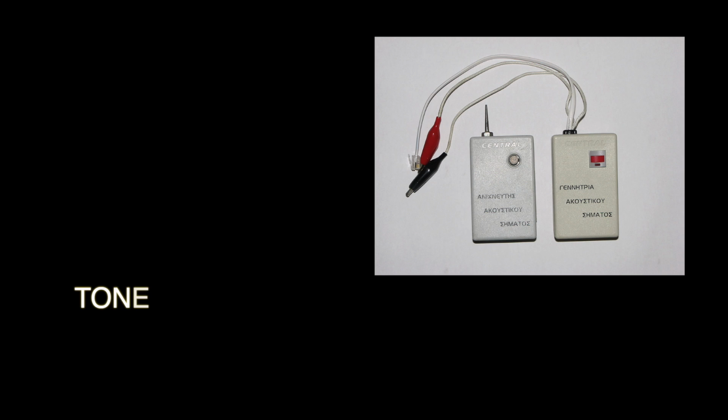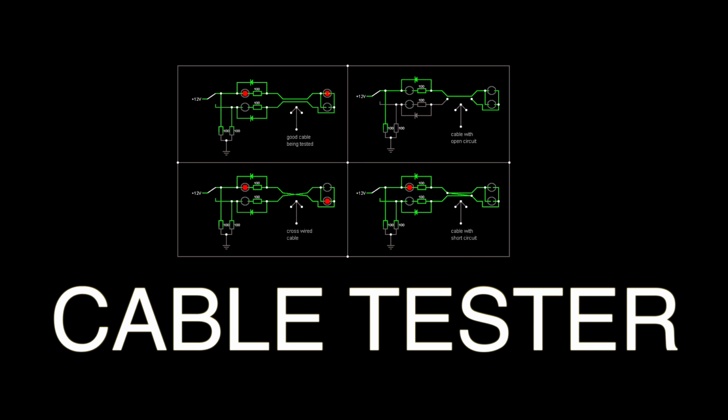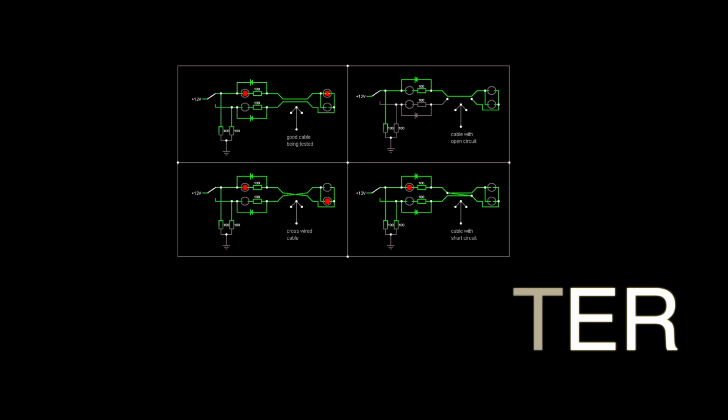A tone generator and probes are practical installation troubleshooting tools that can help accurately identify a pair or conductor within a bundle. A cable tester is an electronic device used to verify the electrical connections in a signal cable or other wired assembly. Basic cable testers are continuity testers that can verify the existence of a conductive path between ends of the cable and verify the correct wiring of connectors on the cable.